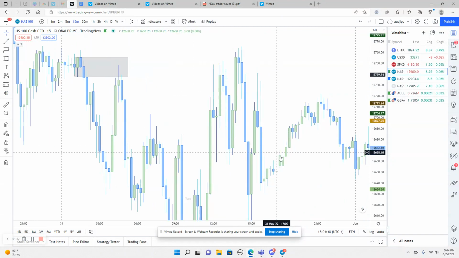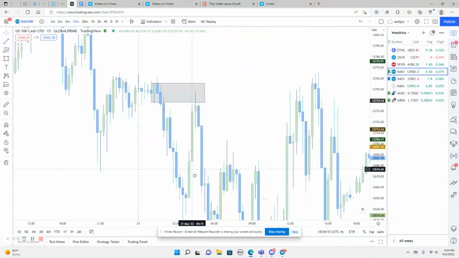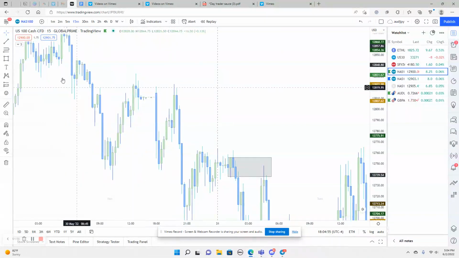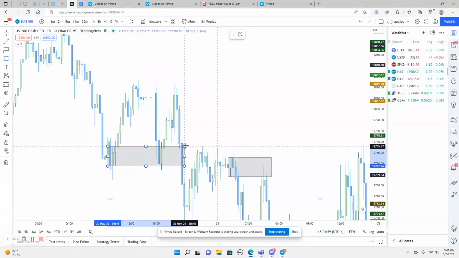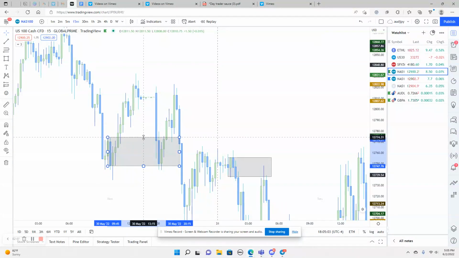And then for bullish order blocks, I would draw it from the bottom of the candle to the top of the wick. Okay? Or you can draw it from wick to wick, but usually I don't like it super big.